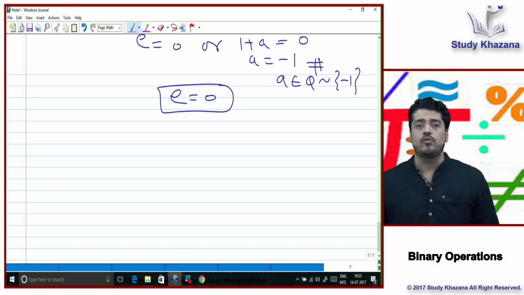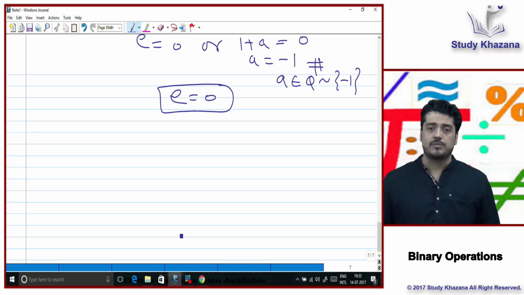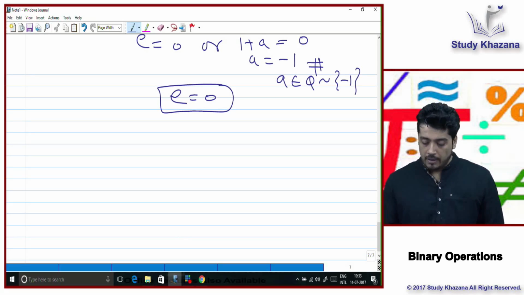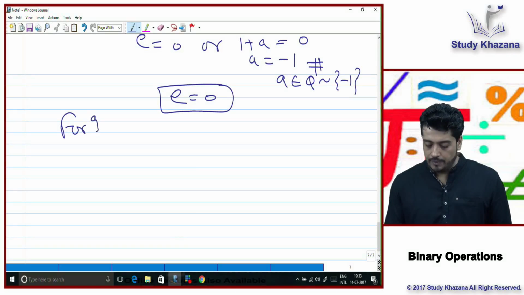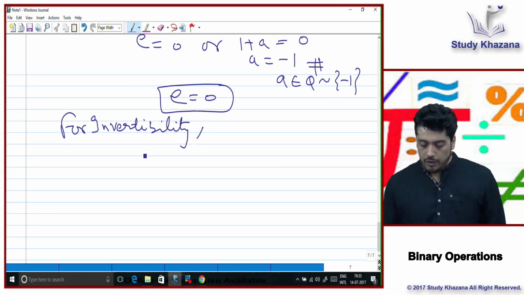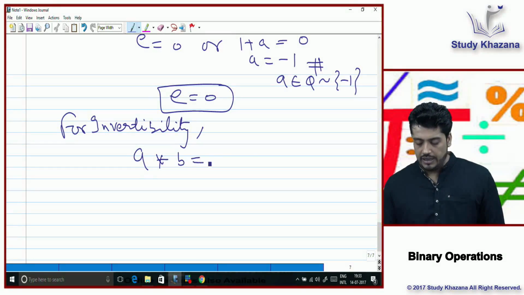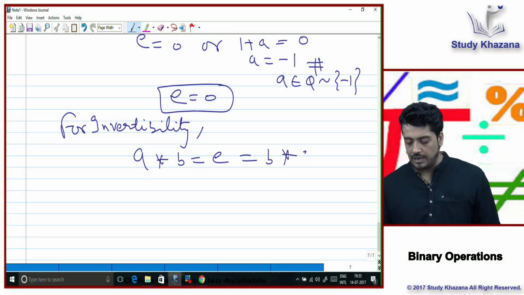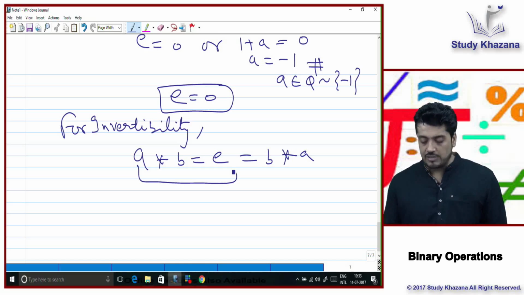Now I will proceed to find the inverse of an element in Q deleted minus 1 with respect to the given binary operation. Again, for invertibility, we must have A star B equal to E equal to B star A. Again, because of commutativity, I will consider only this side. Now, what is my A star B?